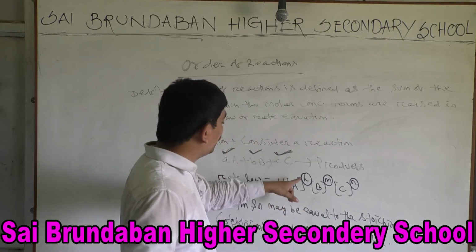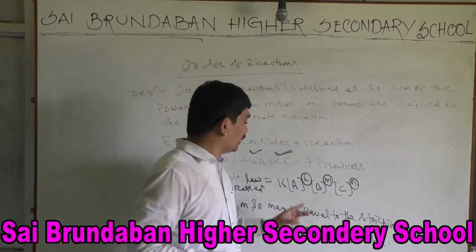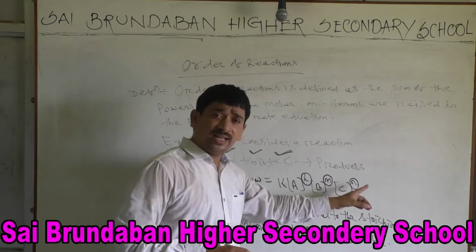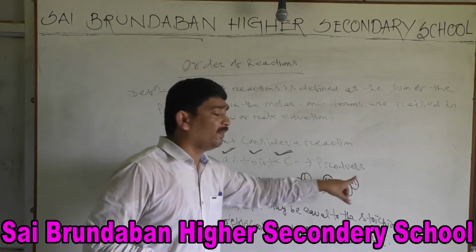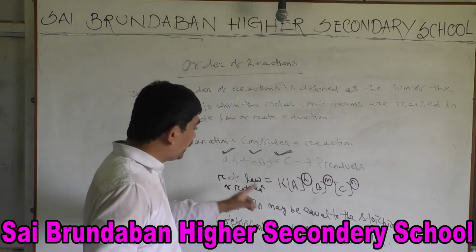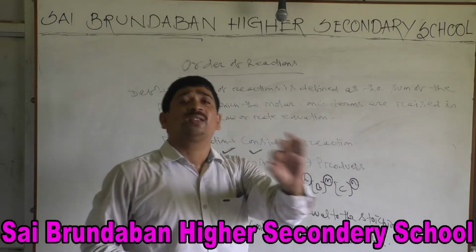We cannot get it theoretically, or by looking at this reaction you cannot predict the value of L, M and N. So we can calculate the value of L, M and N experimentally. Clear?